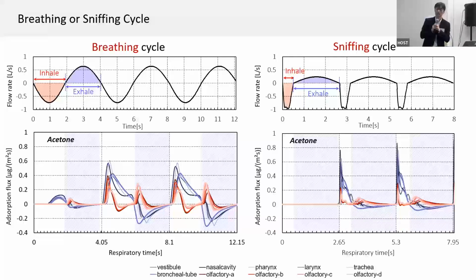Especially in the case of the sniffing cycle, the total amount of adsorbed acetone on the tissues will be 1/5 of that in the breathing cycle. And this might have some impact on the perception of these chemicals.